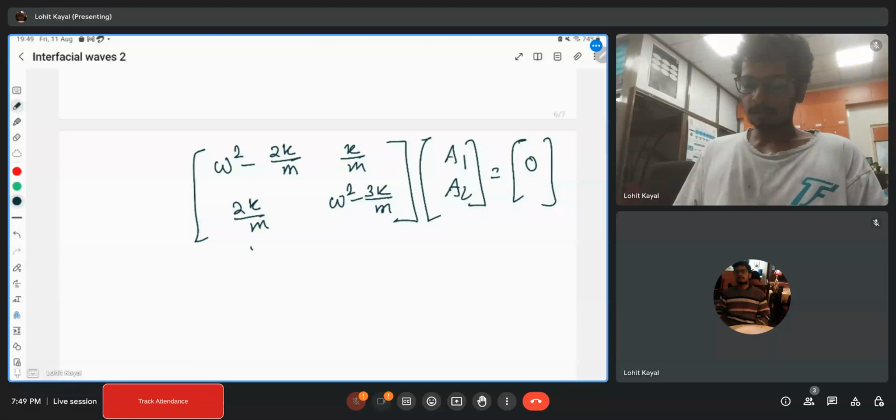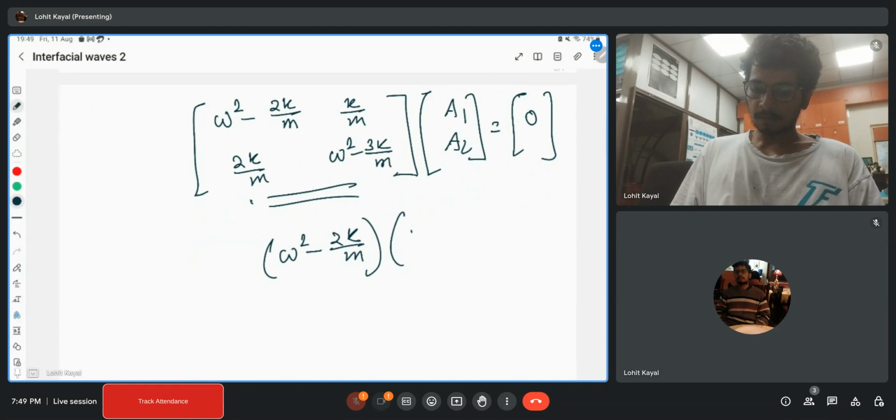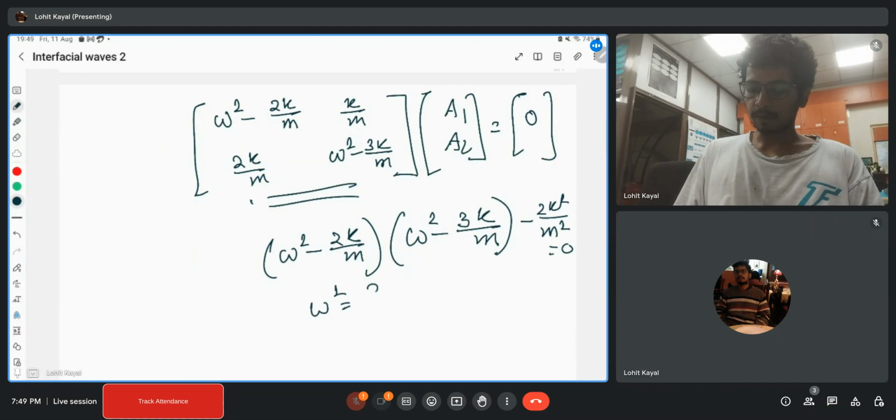Now, for the non-trivial solution, the determinant needs to be 0. So if you calculate the determinant, you will find omega square minus 2k by m times omega square minus 3k by m, minus 2k square by m square. You just solve it, you will find that omega square equals 4k by m and k by m.